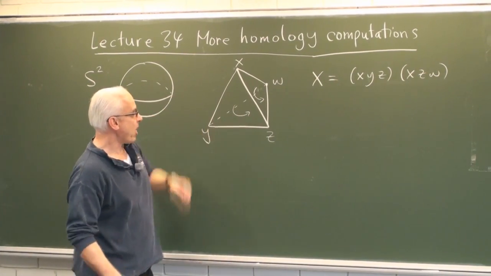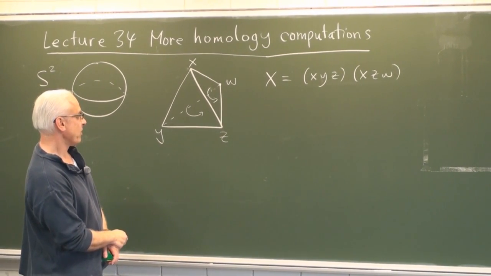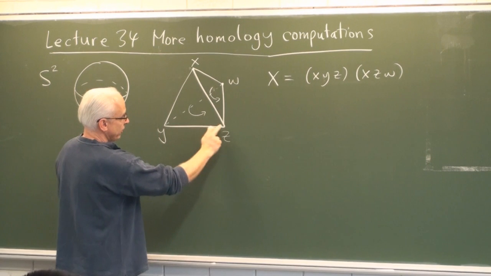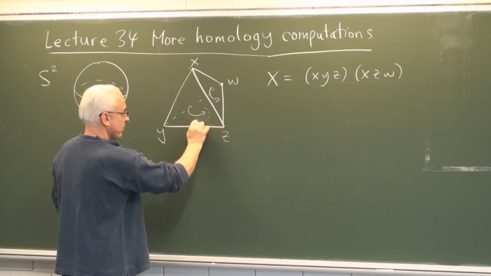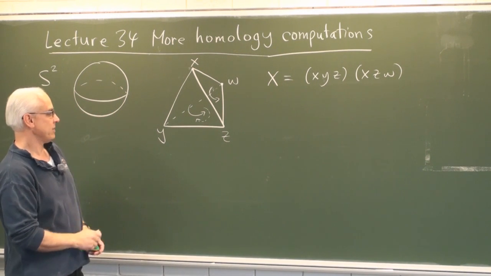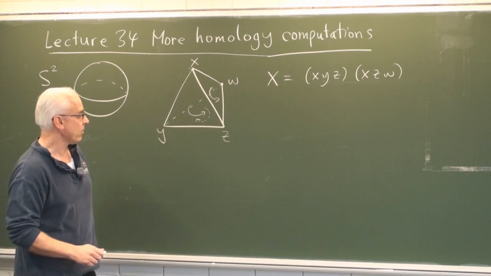And then how about the bottom? So y, z, w, and what direction do we want it to go in? Well, this one's going along this way on the edge, so we want the other one to go that way. So on the back, we'll go this way. And so that will be the orientation, say, y, w, z.